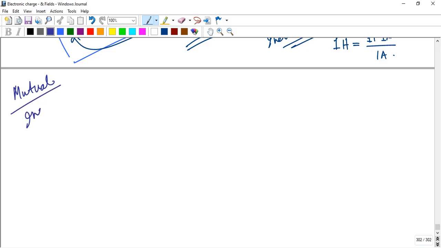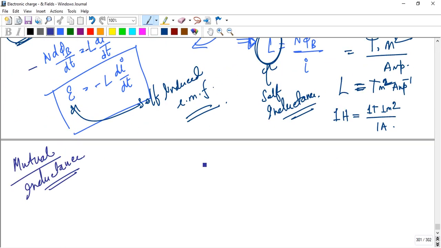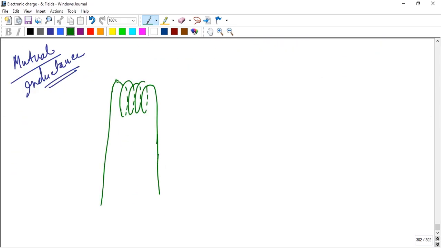So the concept is clear when I discuss mutual inductance. What is self inductance? Self means own here. Mutual means there are two coils. This is called coil number 1, and I choose another coil.